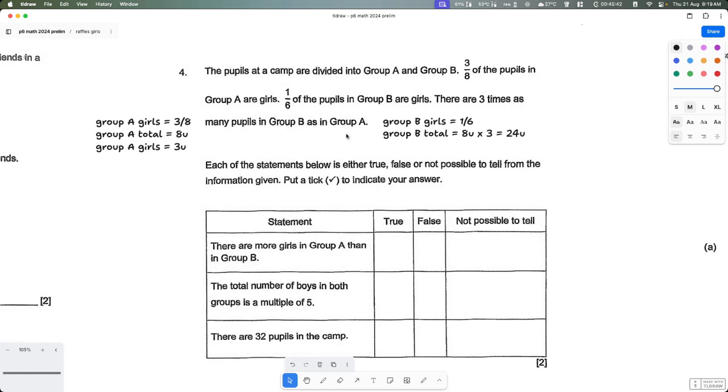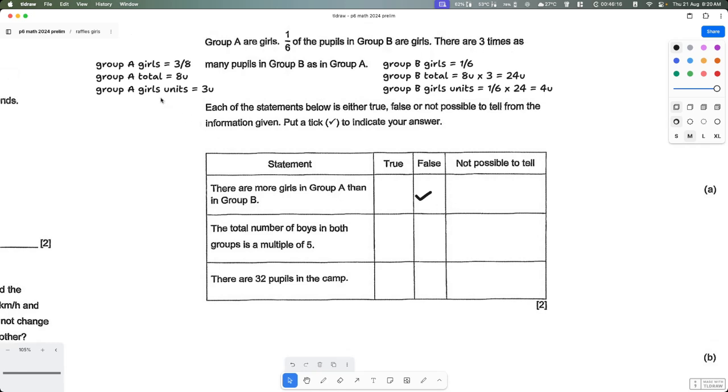So Group B girls is 24 divided by 6, which equals 4 units. So, are there more girls in Group A than Group B? The answer is false. Let's move to the next one.